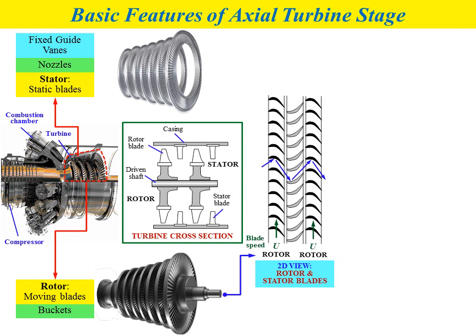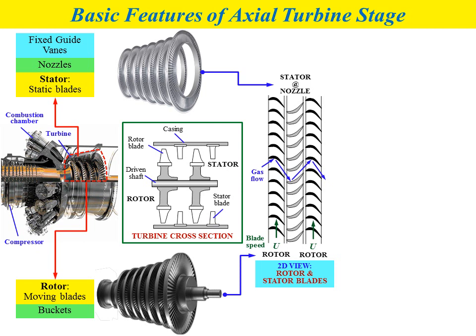For rotor, we will have blade speed U, because the rotor rotates, and so we need blade speed of the rotor, which also represents the rotational speed of the rotor. And for nozzle or stator, there is no blade speed because the stator or nozzle doesn't move in the turbine.